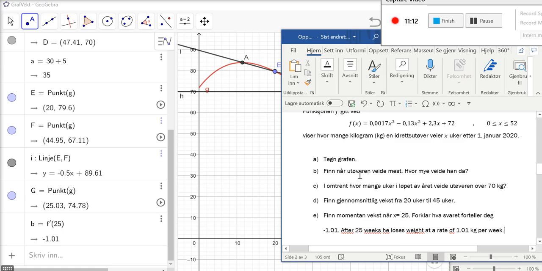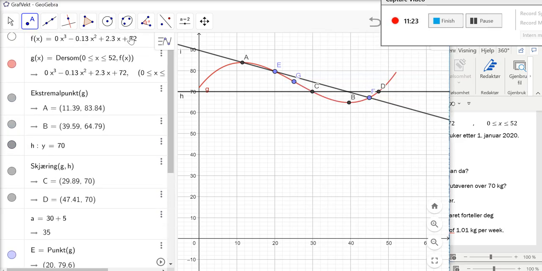So that's a typical GeoGebra exercise. Draw the graph. Remember, when you draw the graph, just put in the function first, then on the next line, you use function start slut to get the function in the correct interval.